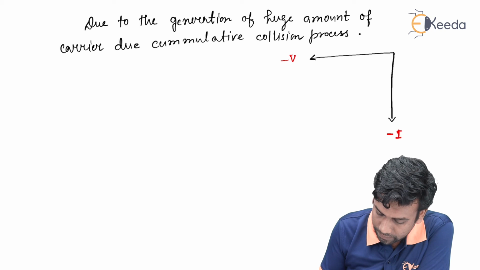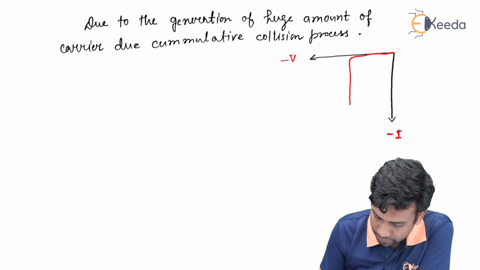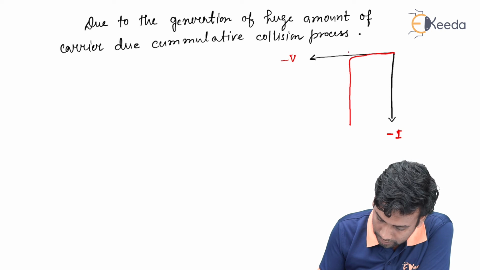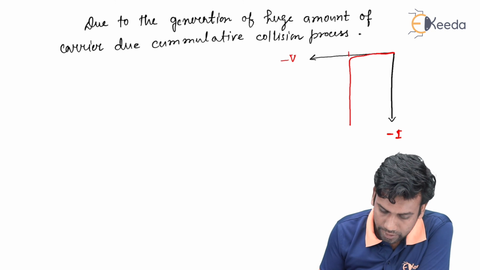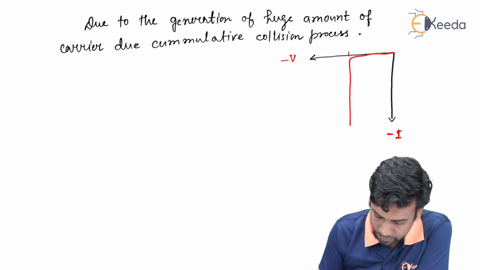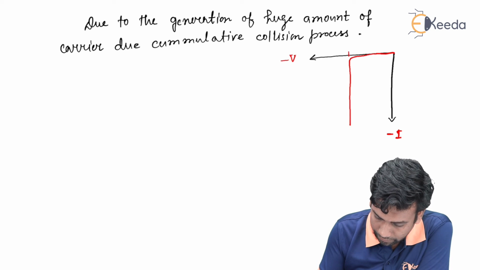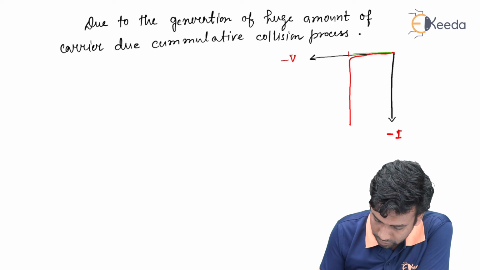And as we have seen, due to the Zener breakdown, the mechanism will look like this. So, this is the Zener, and for avalanche it will be here.